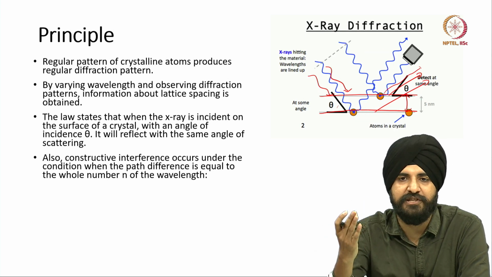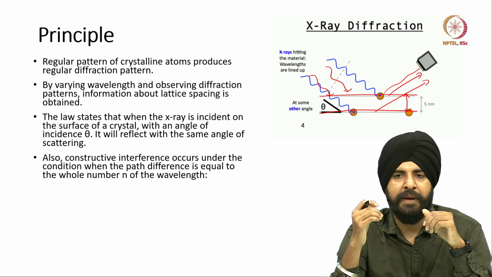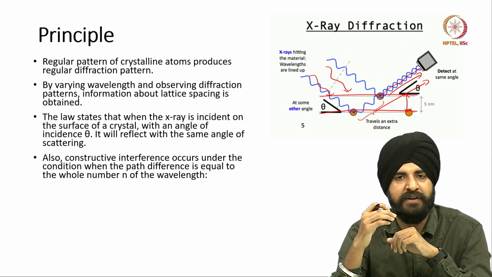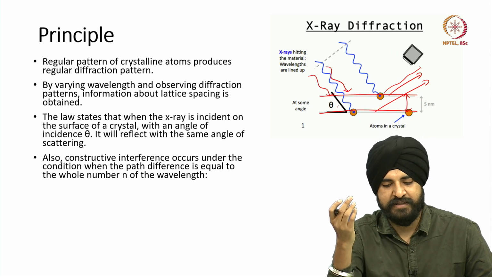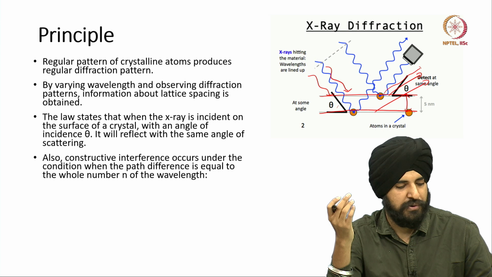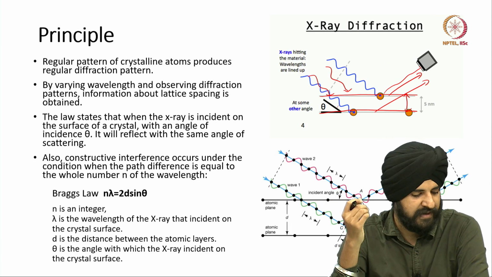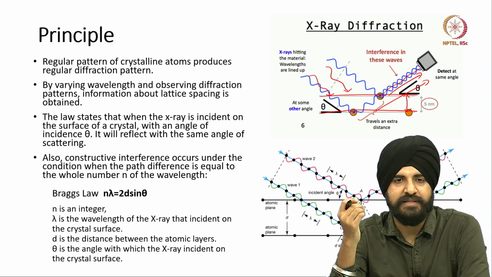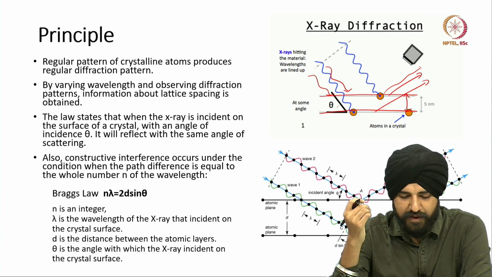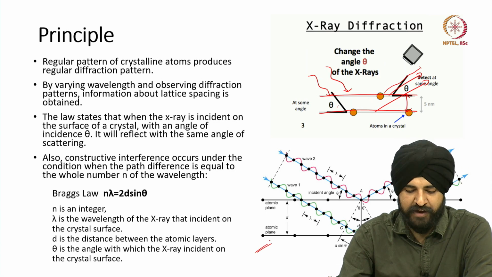Whenever we have constructive interference, we get a typical peak in our XRD, and whenever there is destructive interference, we do not get a peak in the XRD spectroscopy. So, coming to that, we will talk about the very basic law, which is called Bragg's law.